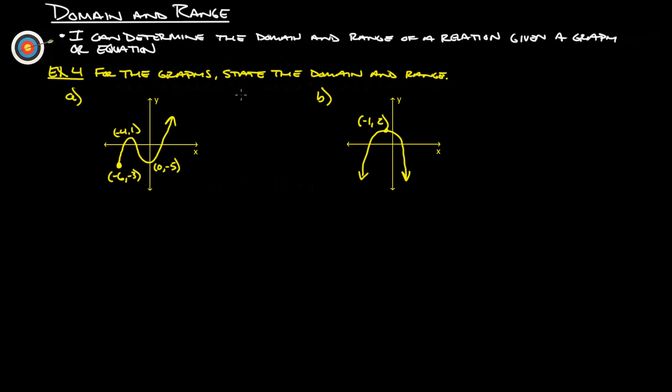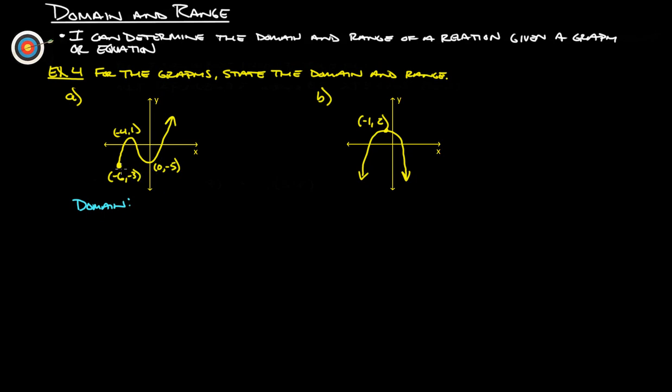For the graph, state the domain and the range. It starts here and goes up and down and back up forever and ever. Let's keep it easy right now and just do the interval notation. The domain is what the x's can be.